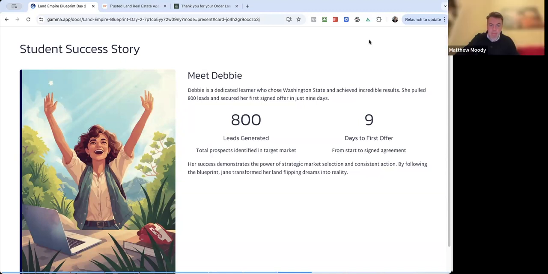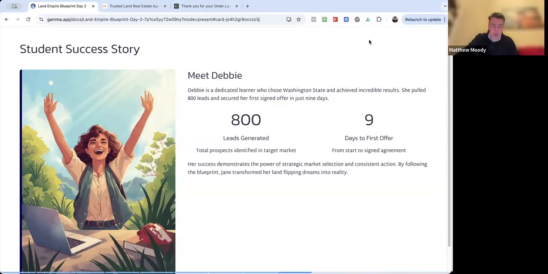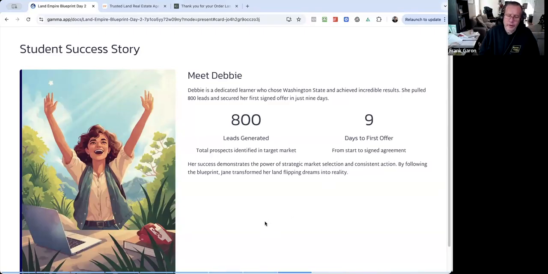She had 800 leads and had her first signed offer in just 9 days. That's literally a week and a half, people. Of the 800 leads generated, that's your total prospects that we identified in her target market. And from start to her first signed contract, that would have been 9 days.